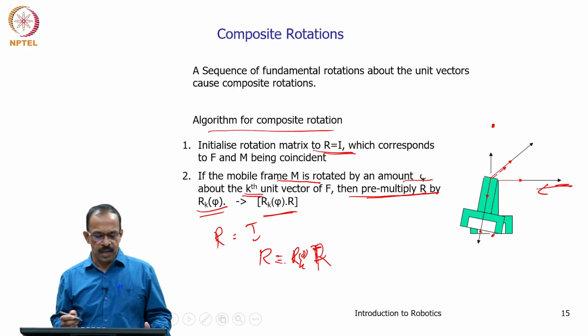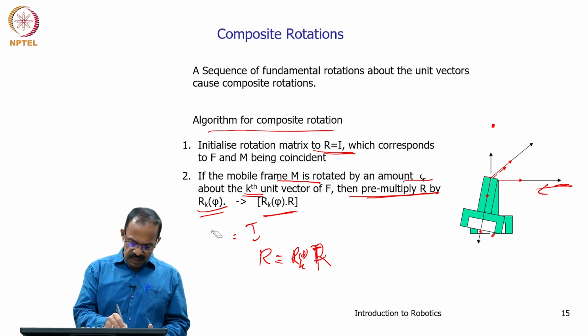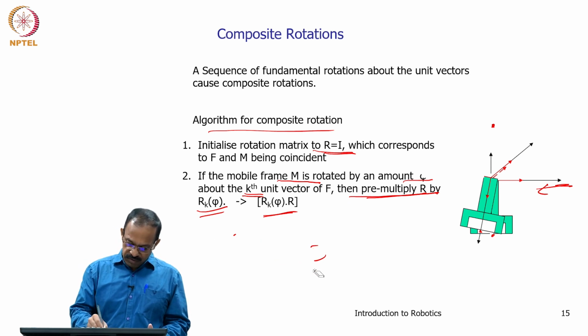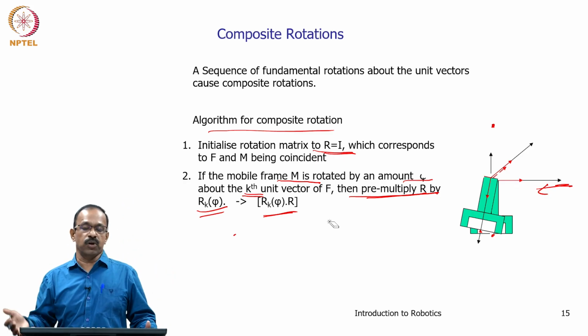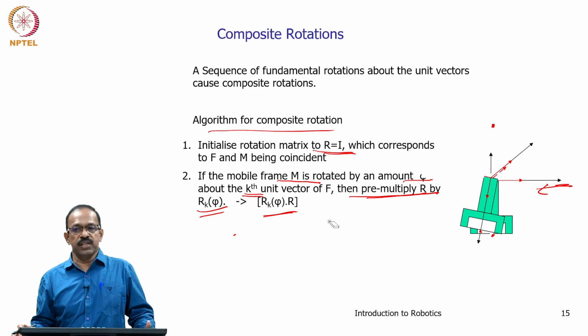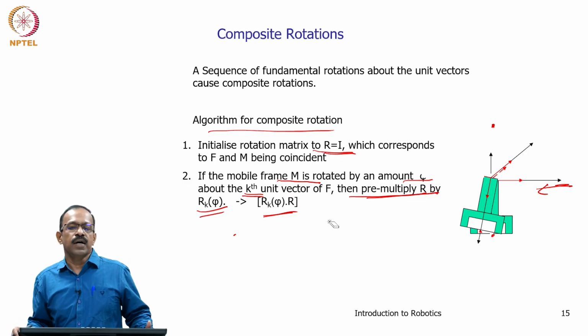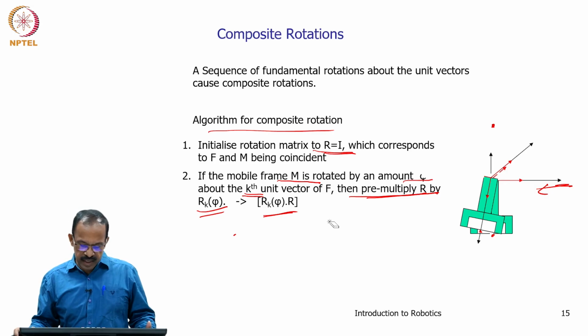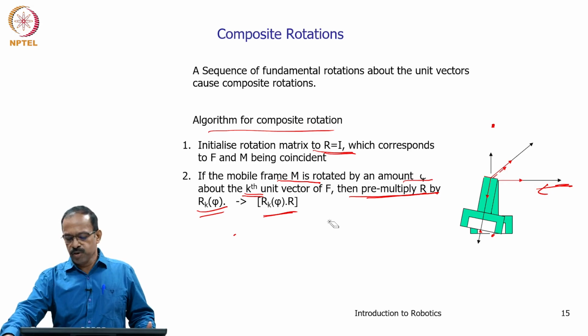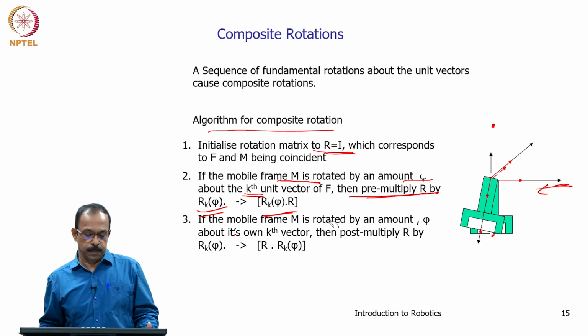But if the rotation is with respect to the mobile frame, or its own frame, because the object can also rotate with respect to its own frame, not necessarily always with respect to the fixed frame, then what you need to do is a post multiplication.